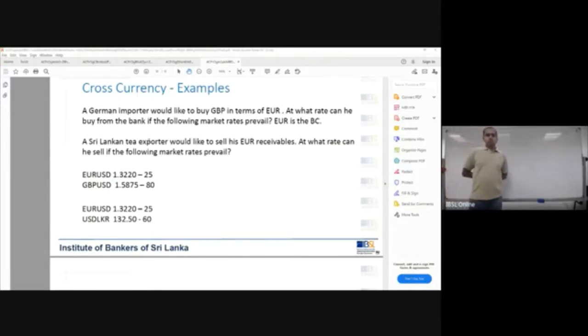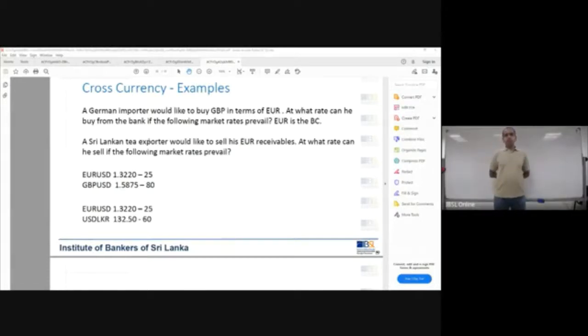So euro dollar is given as 132.20.25. He's a German importer who would like to buy sterling in terms of euro. Right.